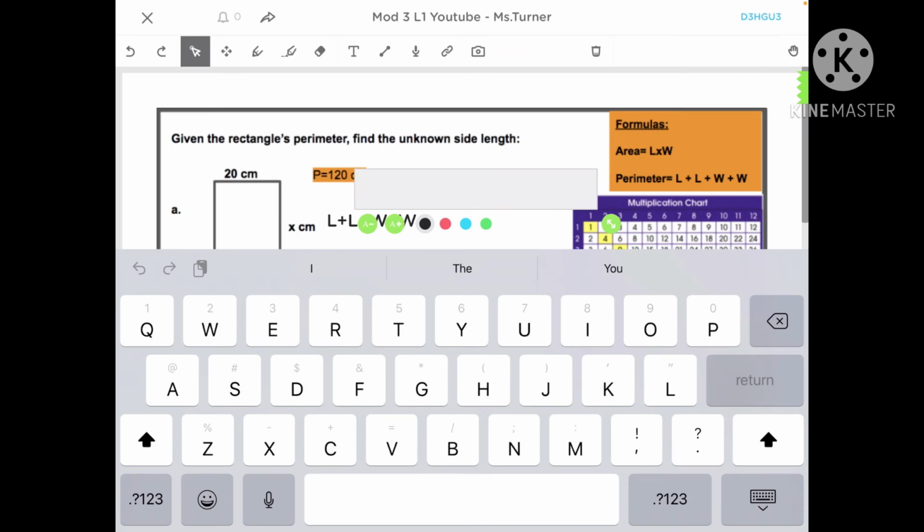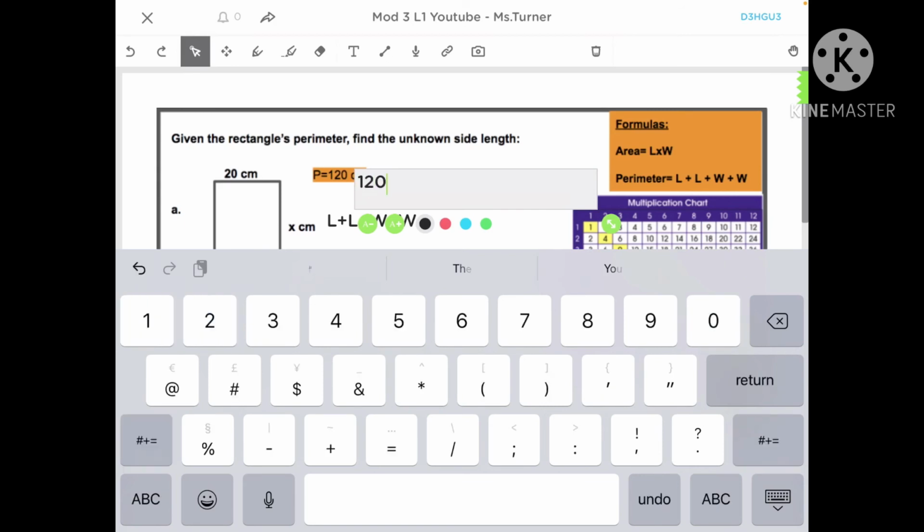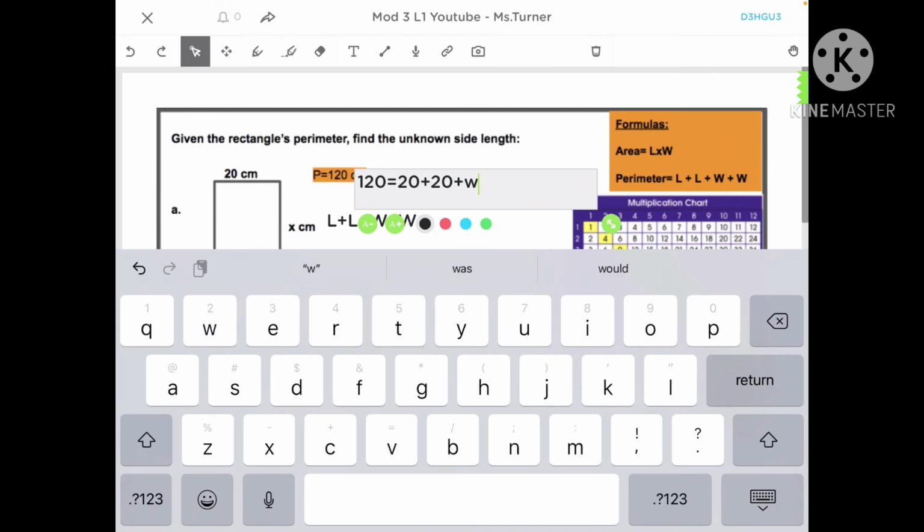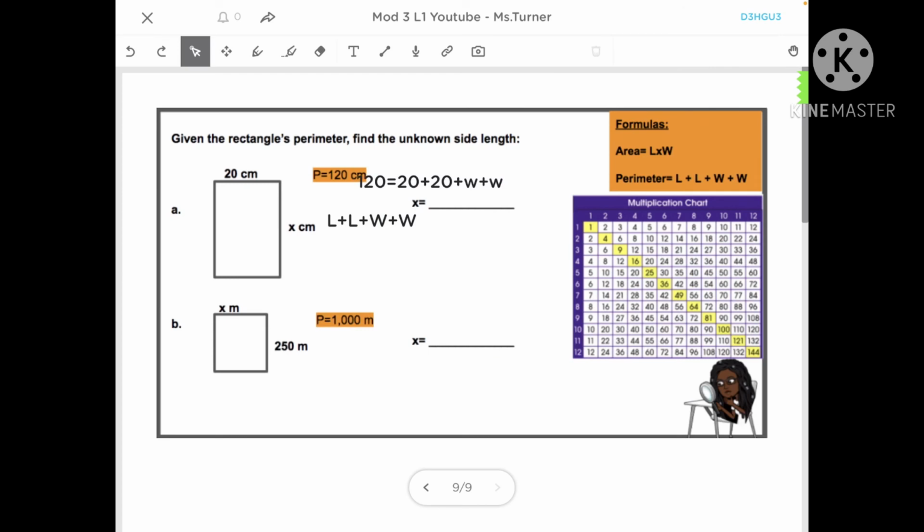So I know that my perimeter, which is 120, equals 20 plus 20 plus, and we don't know our width, so we're just going to put W's, plus width plus width. My perimeter is 120. So I know that 20 plus those other two numbers, it has to equal 120.